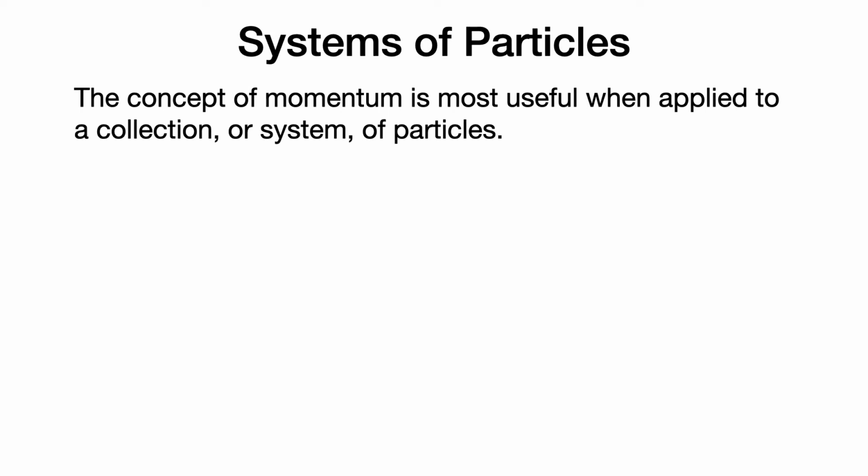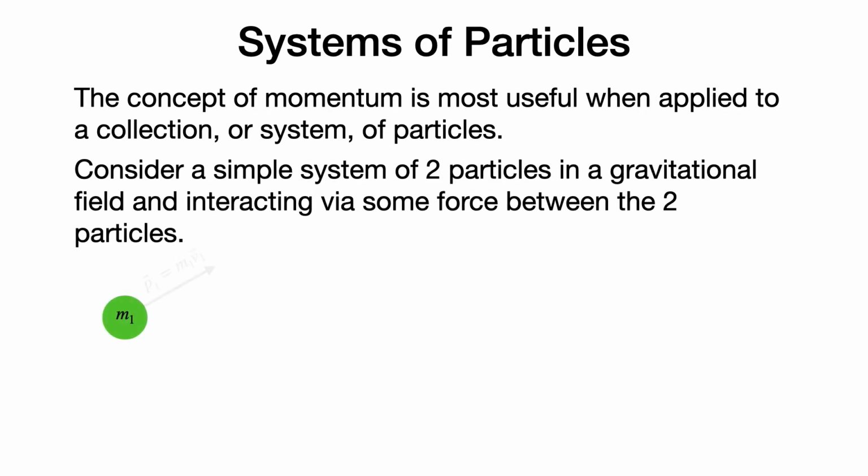The concept of momentum is most useful when applied to a collection or a system of particles. Consider a simple system of two particles in a gravitational field and interacting via some force between the two particles. So we have illustrated first a particle of mass 1 with a given momentum. We're also going to have a second particle of mass 2, and it has its own momentum.